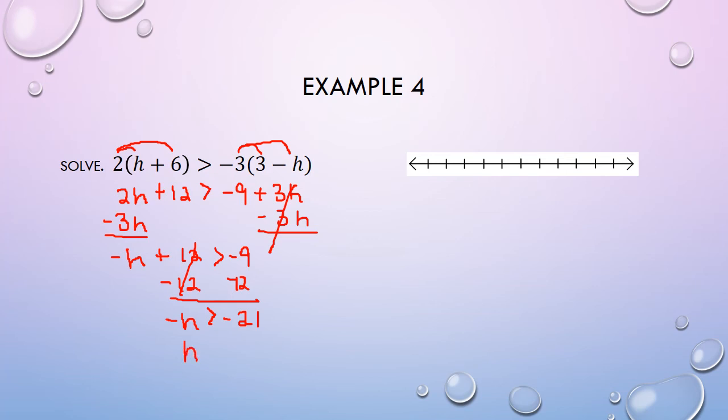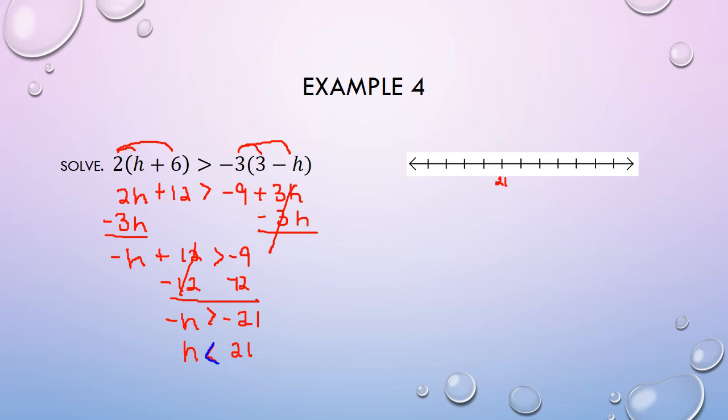The opposite of -h is h, the opposite of greater than is less than, and the opposite of -21 is 21. So make sure whenever you're getting rid of a negative sign in front of the variable, you flip that inequality sign. So now let's go ahead and graph it.